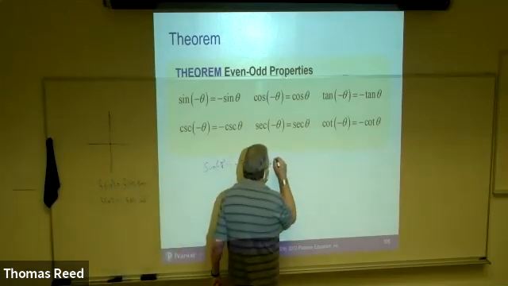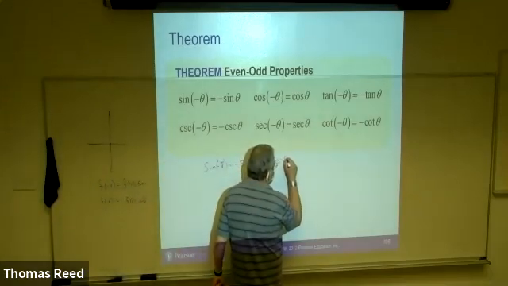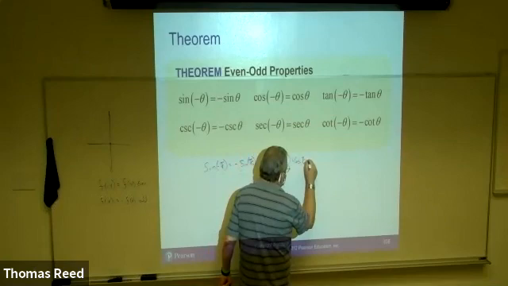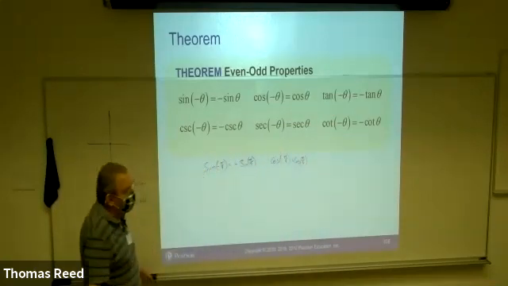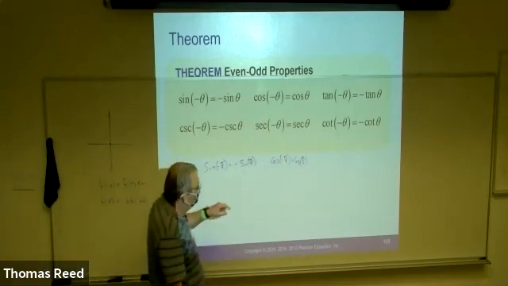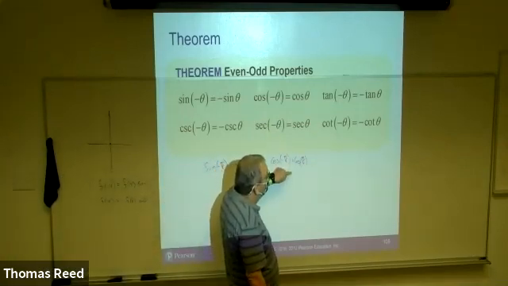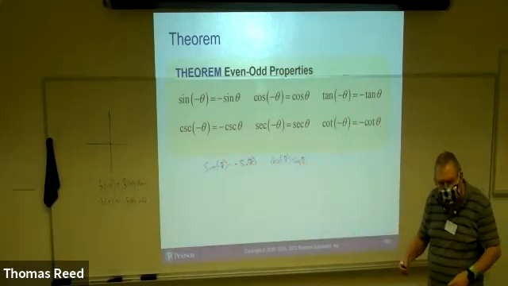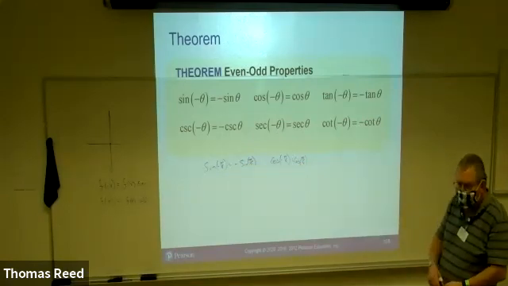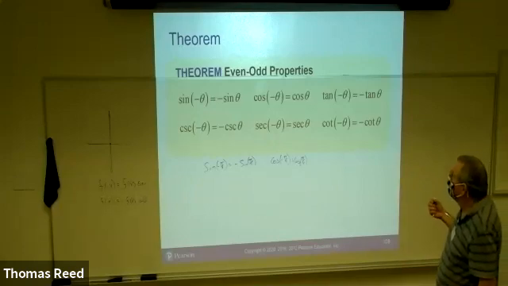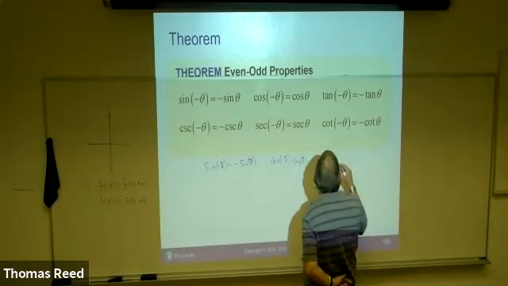So the cosine of negative pi over 4 is the same as the cosine of pi over 4. So that's going to be the square root of 2 over 2, positive. And secant is the reciprocal of cosine, and it has the same property. And tangent is also odd. Well, it's an odd function divided by an even function, so it's going to be odd. Just how it divides out.